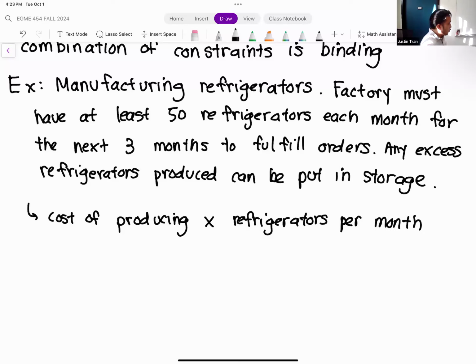The cost of producing X refrigerators, where X is the number of refrigerators you're producing that month, is given by the following equation. The equation is X squared plus 1,000. That's going to be our cost.